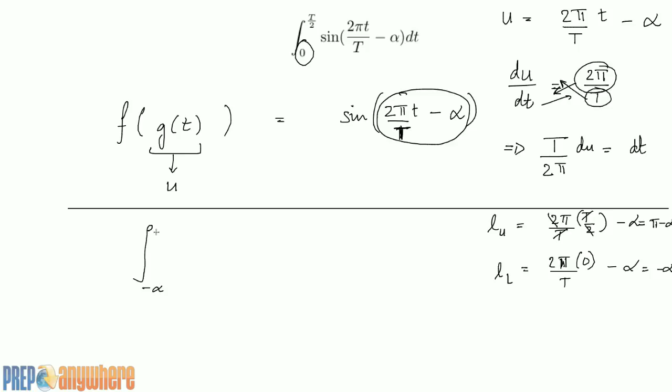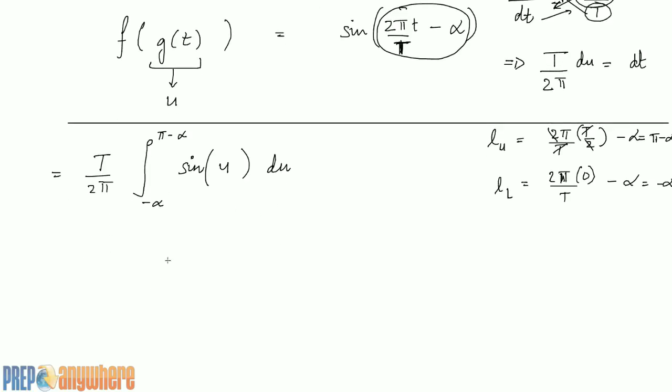We have negative alpha as the lower, pi minus alpha as the upper, and so we replace sine of u. Now dt gets replaced by du, and since T divided by 2 pi is a constant, we can place it out in front of the integral.